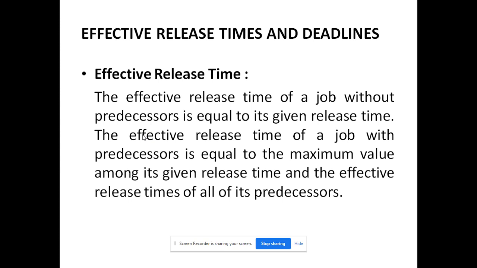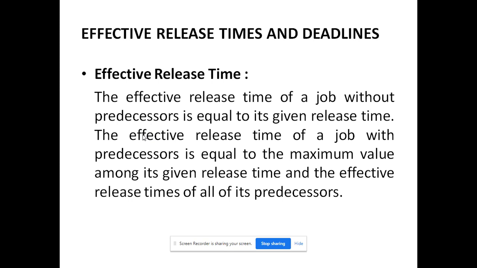The given release time and deadline of a job are sometimes inconsistent with the precedence constraint of a job. By this we mean that the release time of a job may be later than that of its successors and its deadline may be earlier than that of its predecessors.